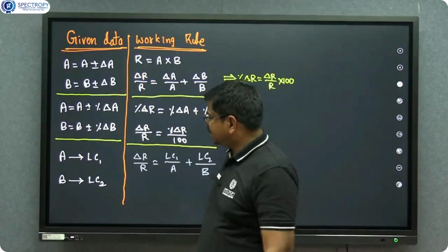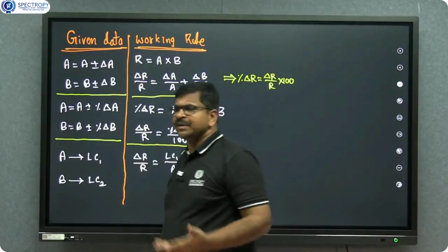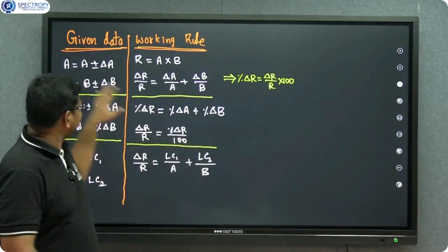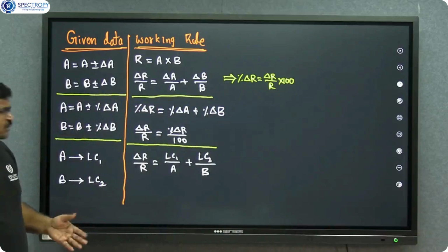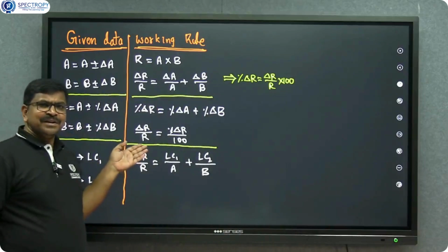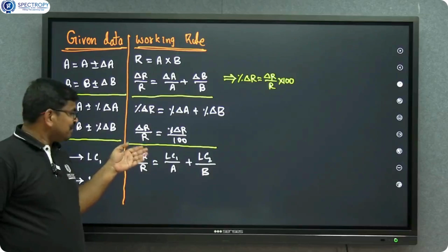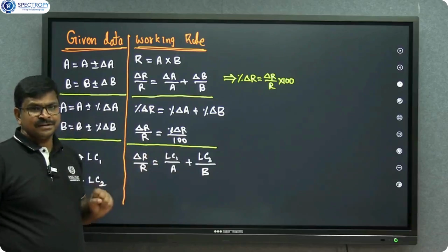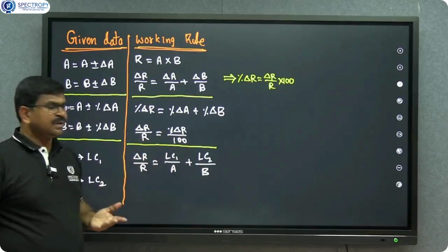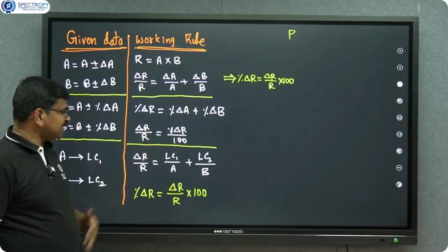Suppose the given data is LC1 and LC2, the least counts; follow the same method as the first one. We know that LC1 itself is delta A or delta B. So now apply the working rule: fraction error is equal to the sum of the fraction errors, so LC1 by A plus LC2 by B. And after this you can find the percentage error.